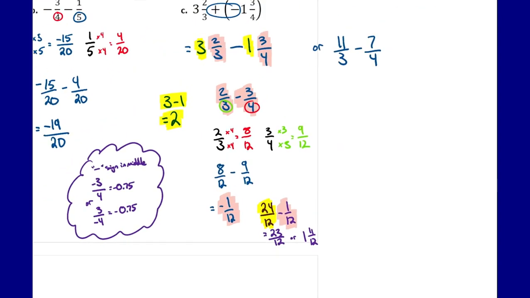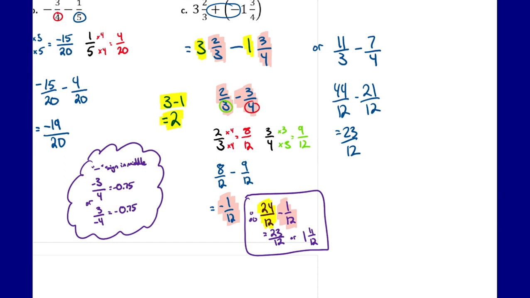So again, either way, in the long run it's probably easier to work with improper fractions because it saves you having to make the same denominator at the end anyways. But either way, you should still get the same answer. If I were to convert this one to 44 over 12 minus 21 over 12, we get 23 over 12 as well. So either way you do it is up to you.